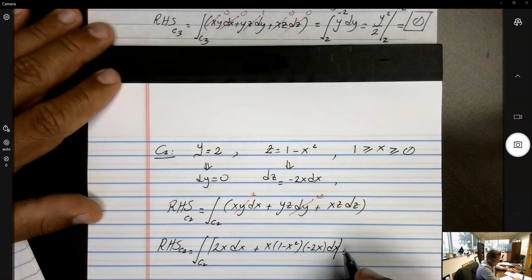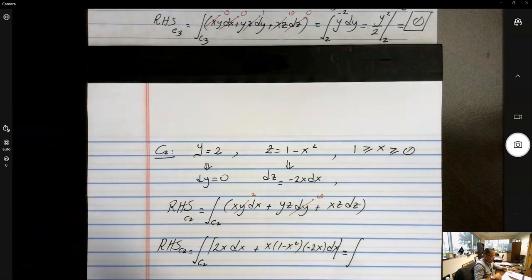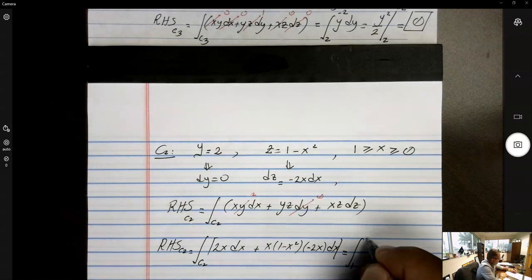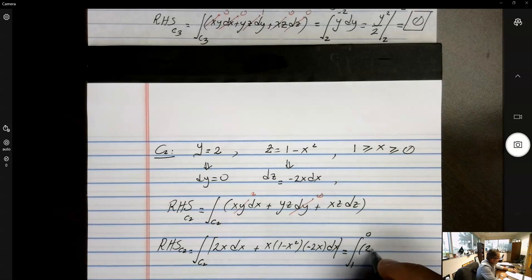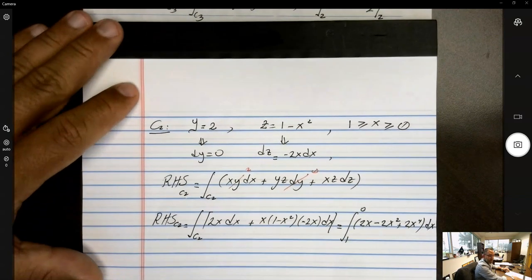And this is equal to the integral between 1 and 0. If we expand this whole thing, this is the integral between 1 and 0 of 2x minus 2x squared plus 2x to the 4th dx. I am just multiplying this out.